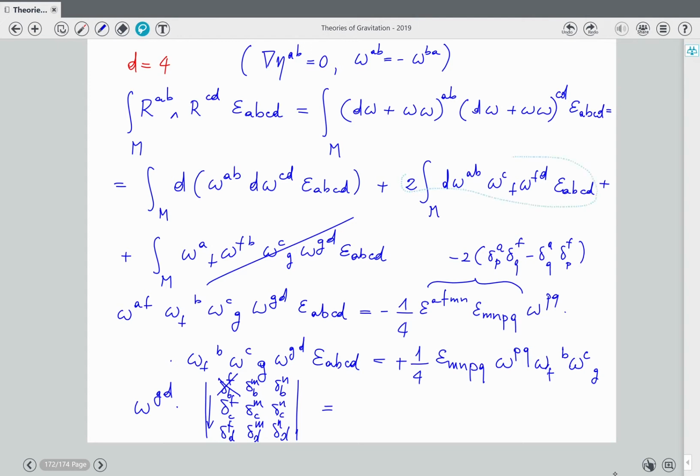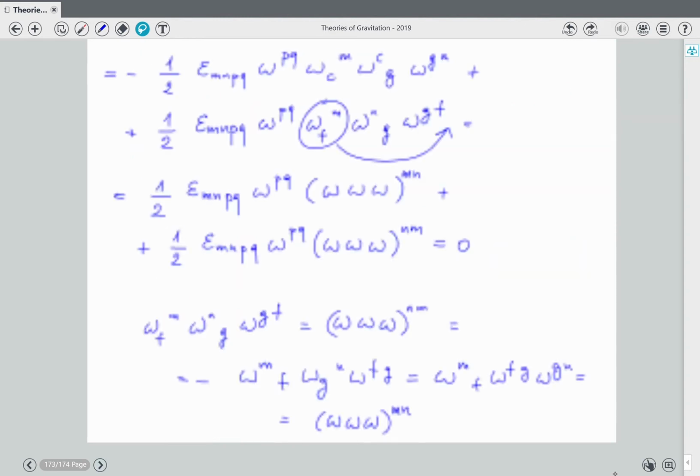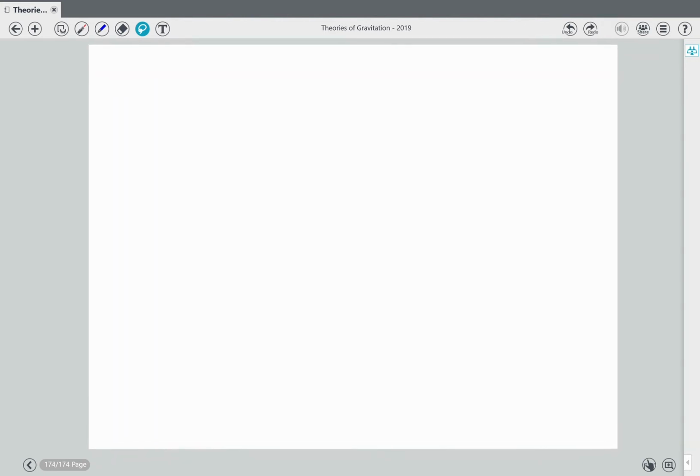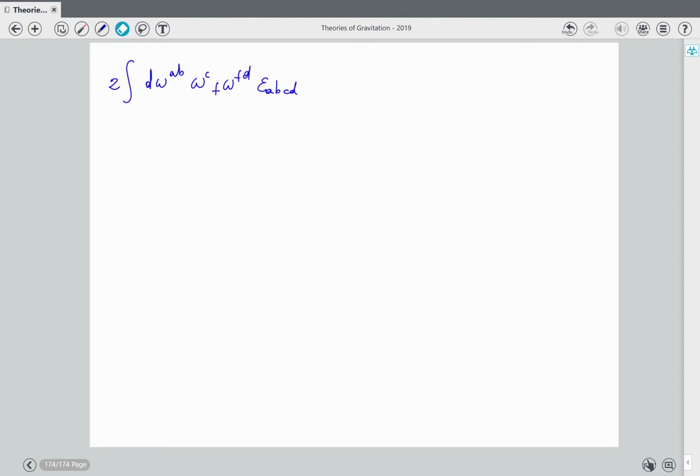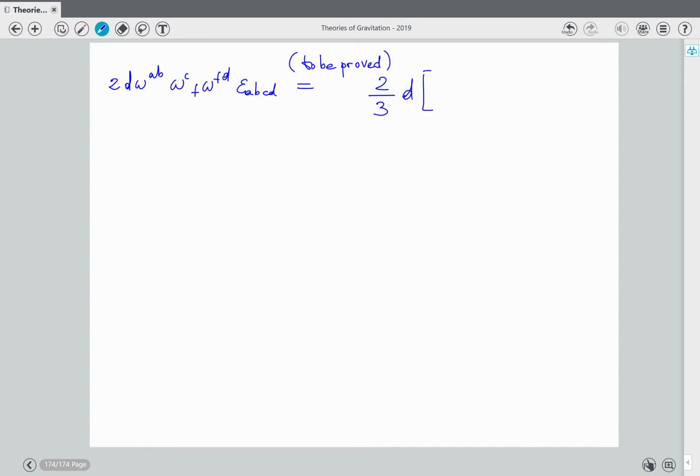So let us work out this with the 2. Yes, we'll keep the 2 for convenience. We do not need the integral because it's an identity that doesn't need the integral sign. And we want to prove that this is precisely 2/3 of d of the other thing.